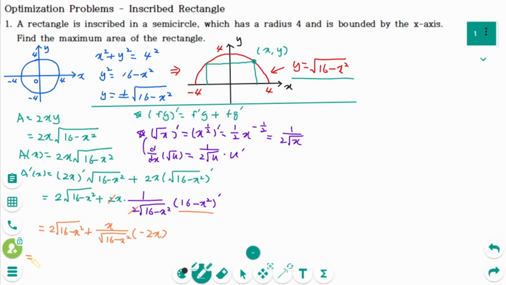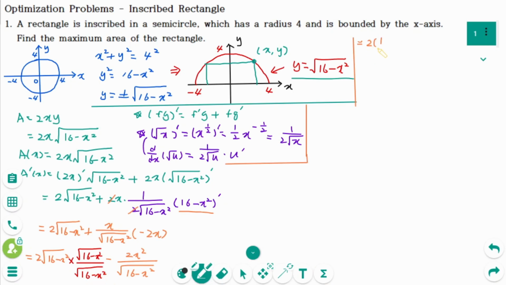Then we can rewrite as 2 square root of 16 minus x squared minus 2x squared over square root of 16 minus x squared. We have to make one single fraction, so multiply by square root of 16 minus x squared over square root of 16 minus x squared.